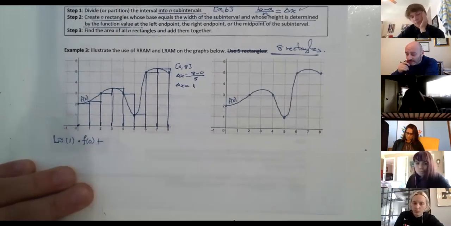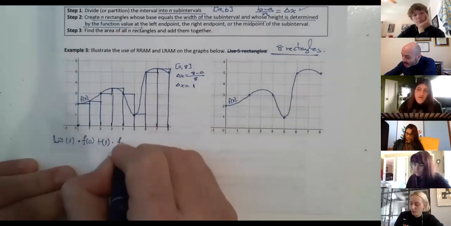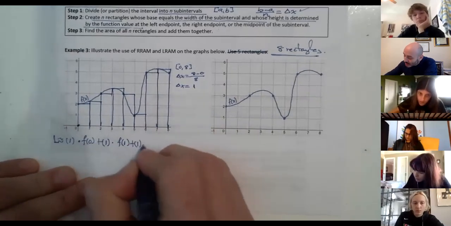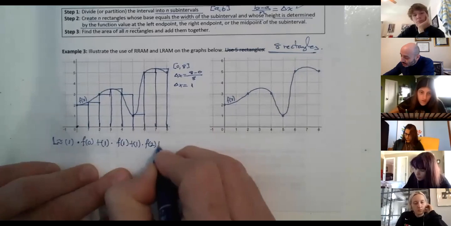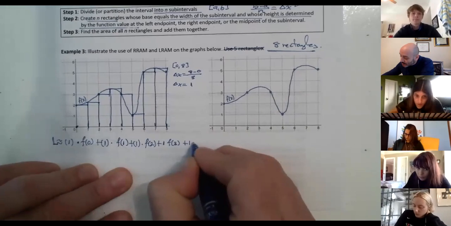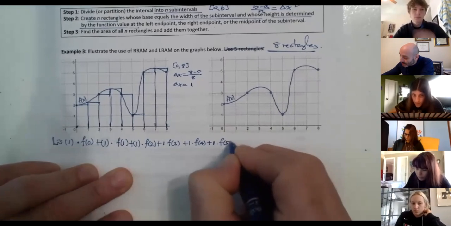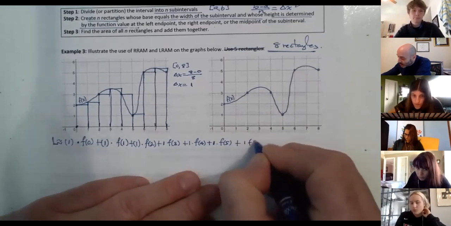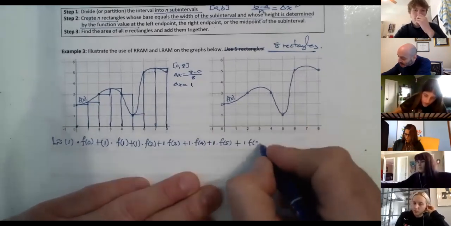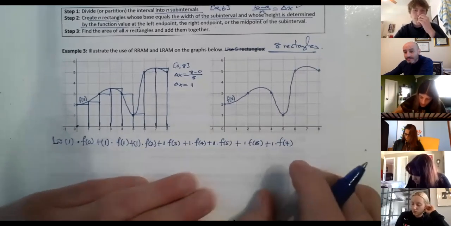For the second rectangle, the base is 1, and the height will be f of 1, plus 1 times f of 2, plus 1 times f of 3, plus 1 times f of 4, plus 1 times f of 5, plus 1 times f of 6, plus 1 times f of 7, and that's it.